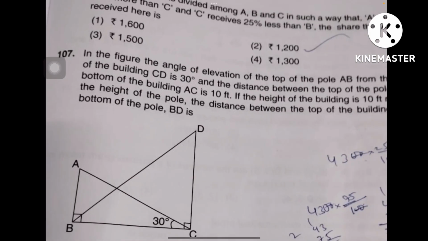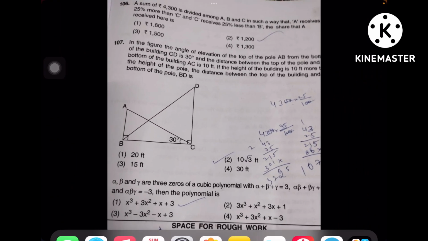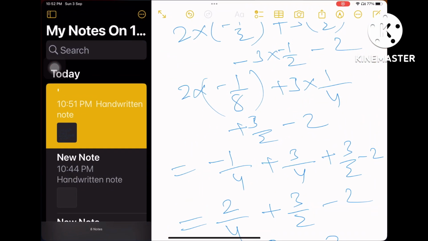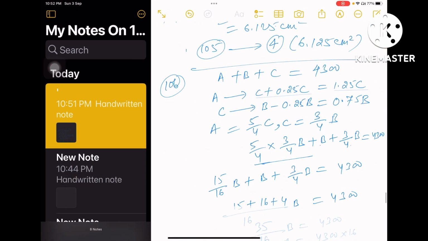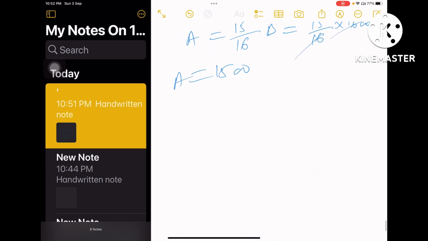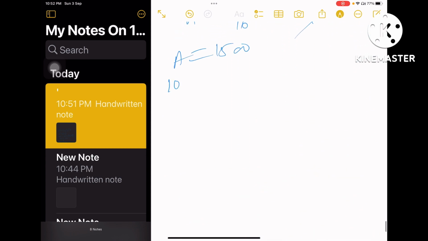For question number 106, option number 3, that is 1500, is correct.